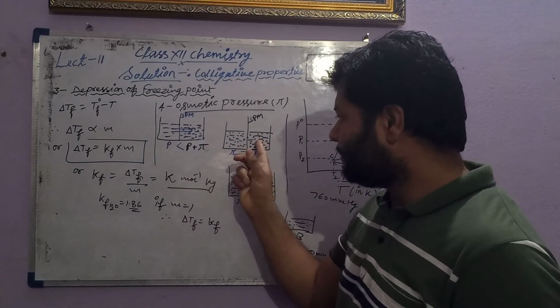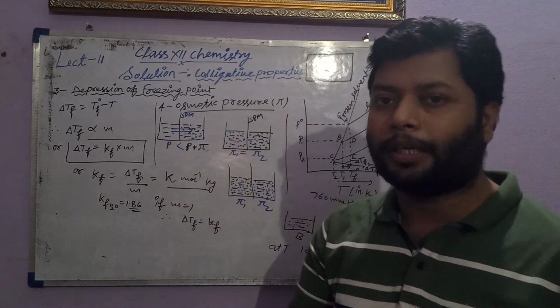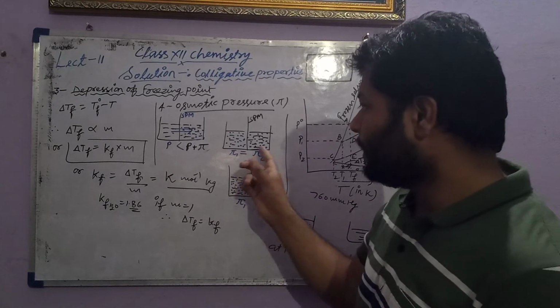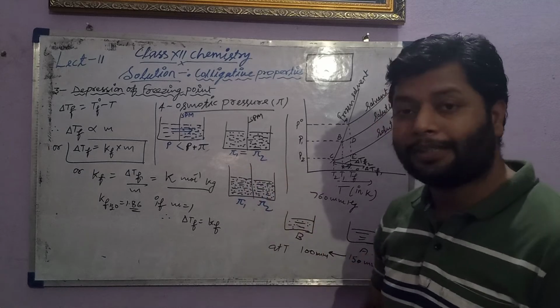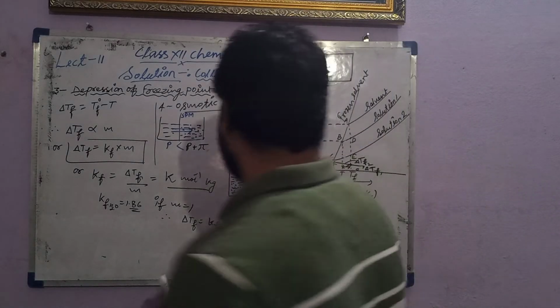The flow from this side to that side is equal, so there is no net concentration change because they both have the same pressure. That is called the isotonic condition.